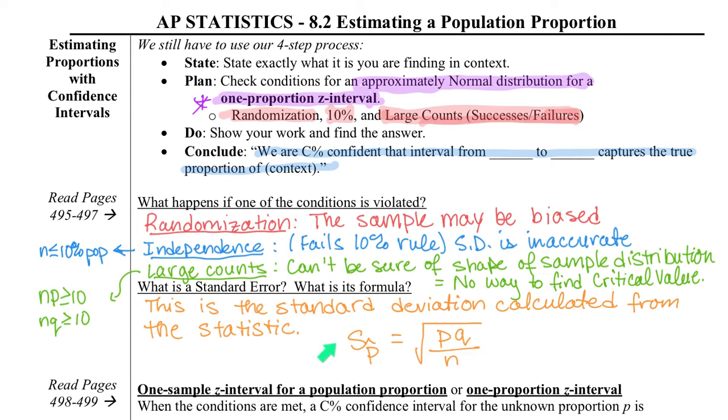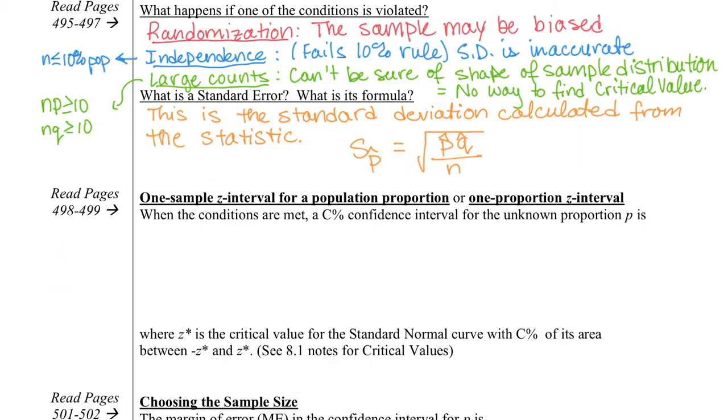So our standard deviation of p hat is equal to the square root of p times q over n. And it actually should be p hat and q hat, since those are the measurements of our statistic.